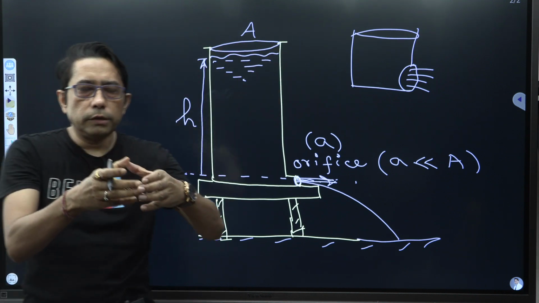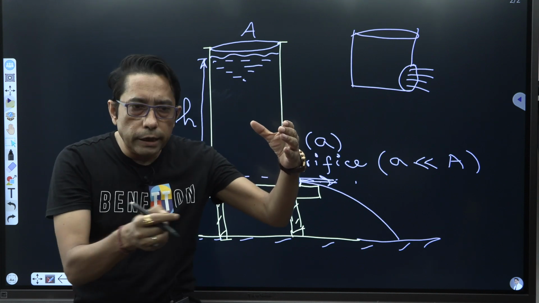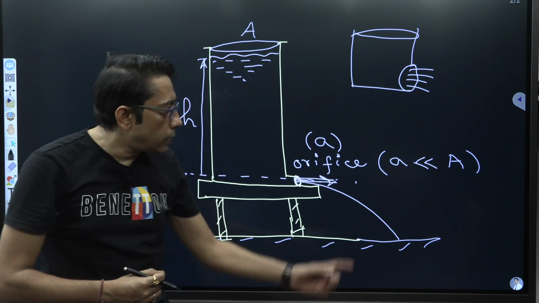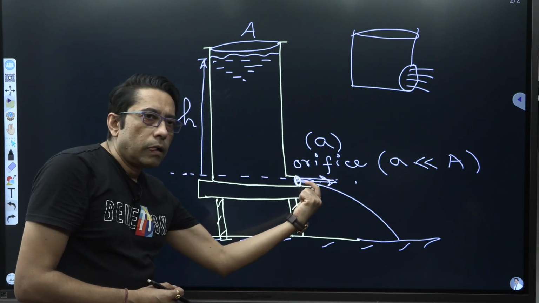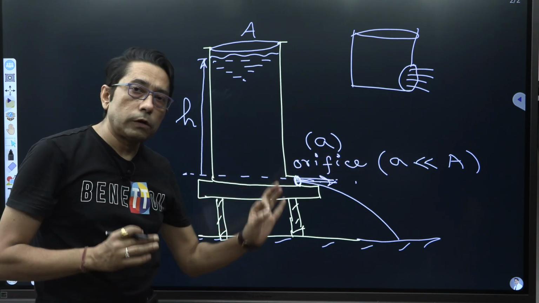In a mineral water bottle, you prick a hole by a needle, so the area of that hole is just the area of a needle, much smaller than the area of the bottle. So it is an orifice, yes.